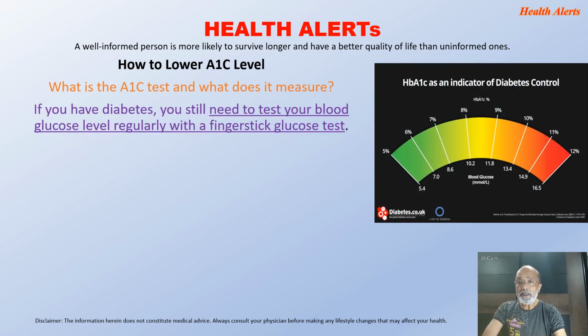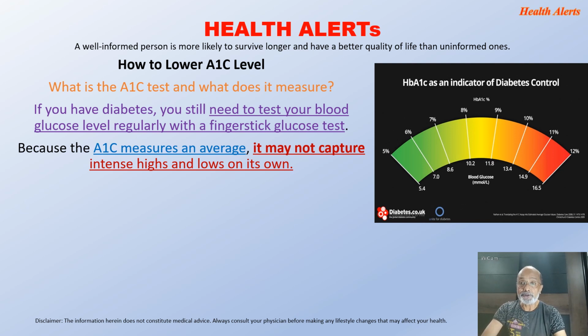Continuing with it, if you have diabetes, you still need to test your blood glucose level regularly with a finger stick glucose test. Why? Because the A1C is an average for the last maybe 2 to 3 months, but a finger stick glucose test actually measures your daily level. The A1C measure may not capture intense highs and lows on its own, which can be tested with a finger stick glucose test.